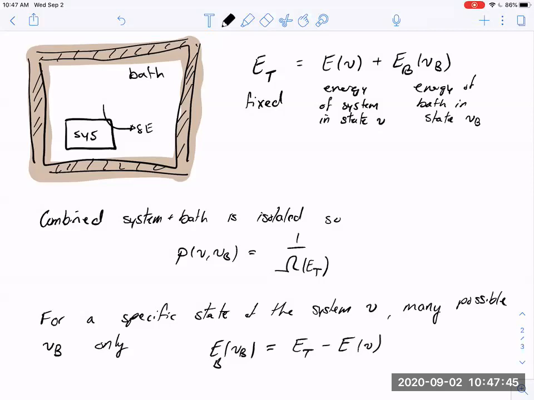So concretely, I could imagine the system in a state where all of the particles in that system are over on the left-hand side. There are many possible arrangements then of where the particles in the bath are, consistent with a restriction that their energy plus the energy of that specific state of the system sum to the total fixed energy.